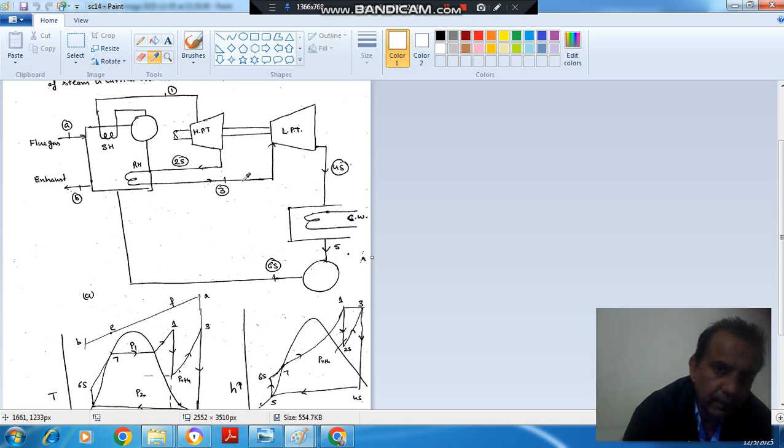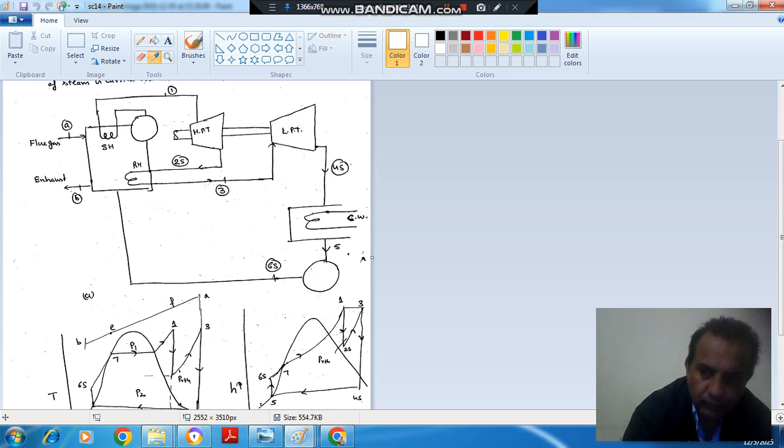Then it is expansion in the low pressure turbine, 3 to 4s, and then condensation 4s to 5, then pressurized 5 to 6s, and then heating and superheating 6s to 1. So this is the cycle.